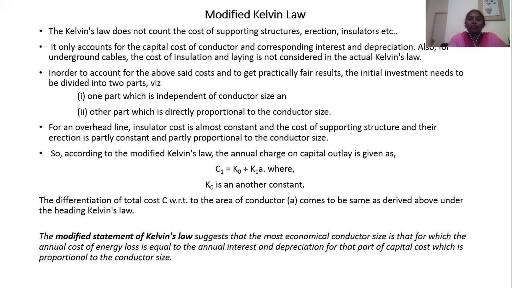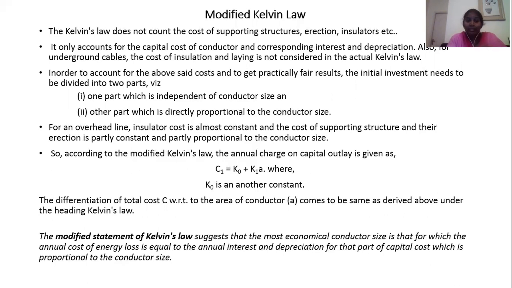So in order to account for the above-said costs and get a practical, fair result, the initial investment needs to be divided into two parts: one part which is independent of the conductor size, and another which is directly proportional to the conductor size, as we took in the previous case. But we have to include all the other costs which were not included in Kelvin's law.